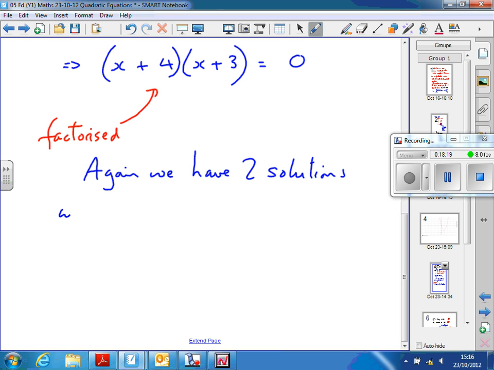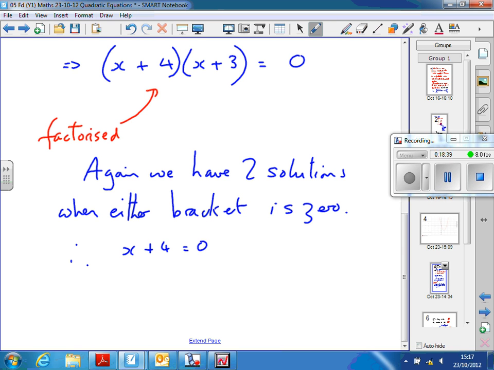When either bracket is 0. So therefore, x plus 4 equals 0, or x plus 3 equals 0.